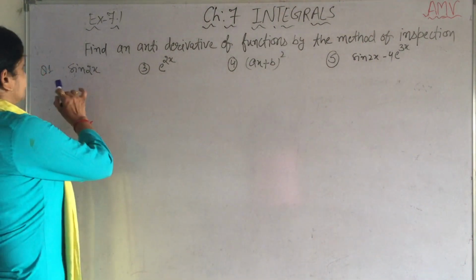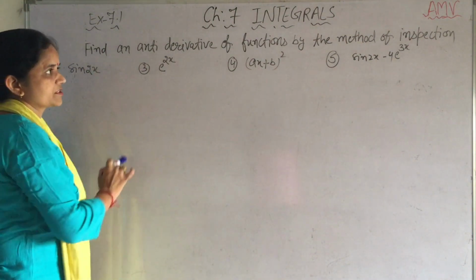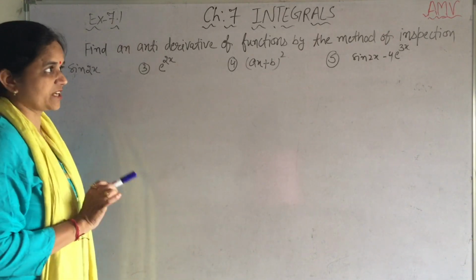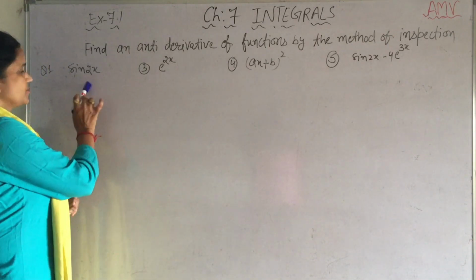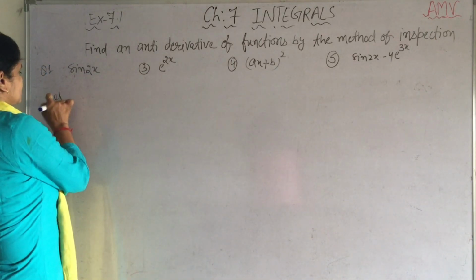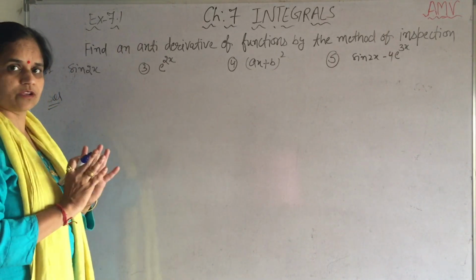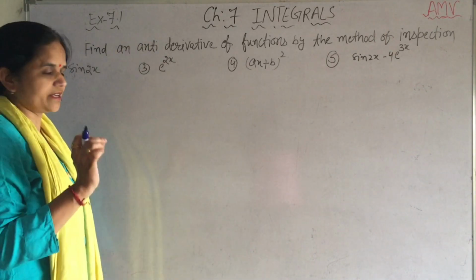Question number 1: find an antiderivative of the functions by the method of inspection. The first question is sin 2x. To solve this question, students, you know that the derivative of cos 2x is minus sin 2x.